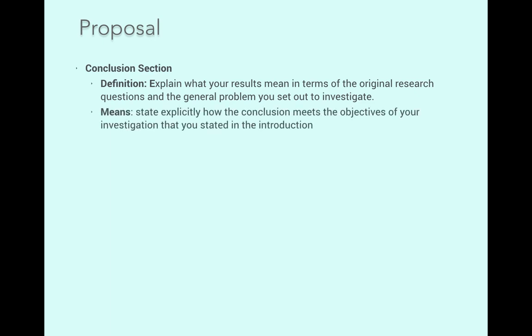State explicitly how the conclusion meets the objectives of your investigation that you stated in the introduction. And sometimes you can actually graph this out. Like you can put together a two-column look to it. You can say here was the original question, and here's the finding, if you will, conclusion. So you can do a split column table if you'd like for this.